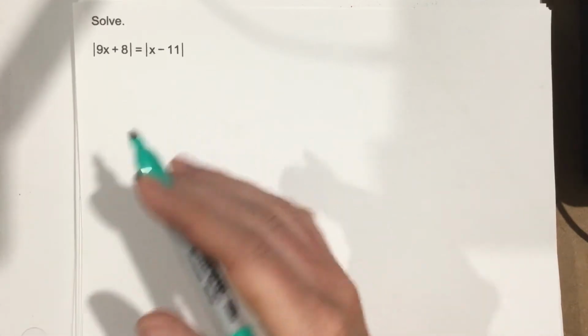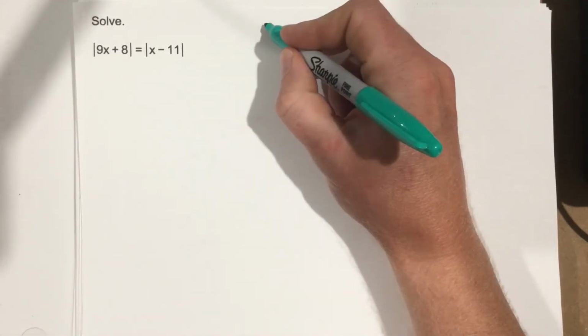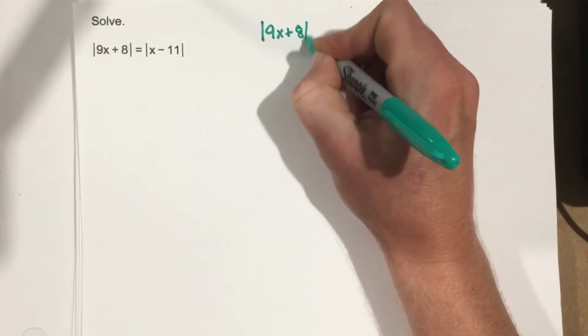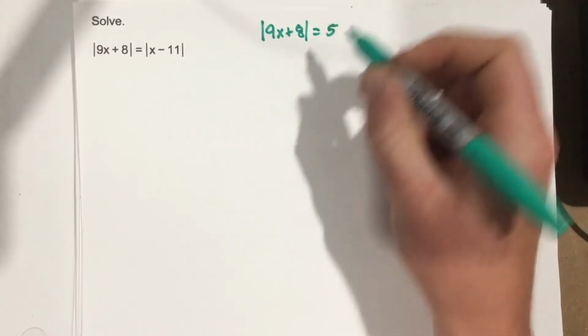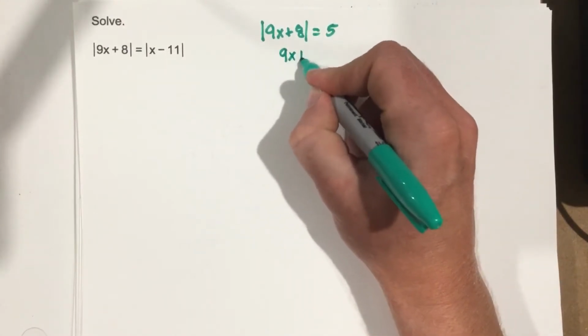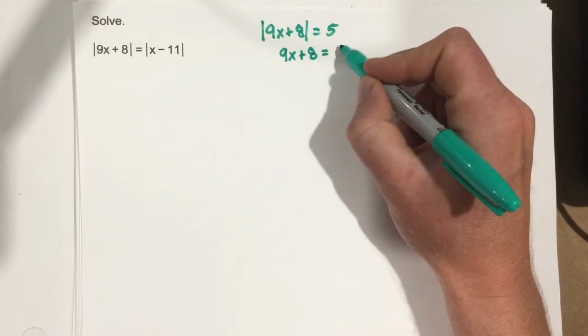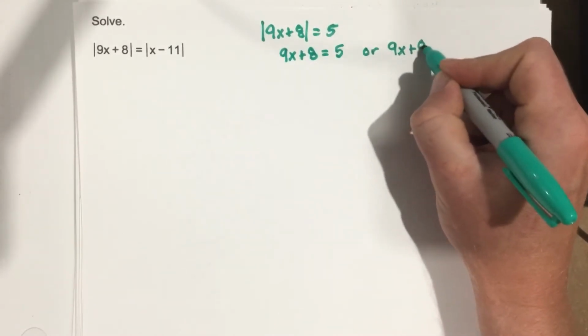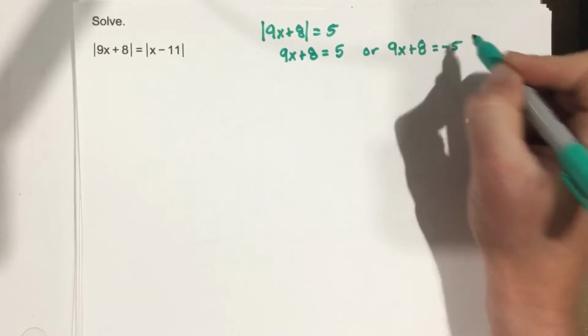But if we think about how we've solved every other problem, let's just say we had the absolute value of 9x plus 8 equals 5. How did we solve that problem? Well, we would say that 9x plus 8 would equal 5, or 9x plus 8 would equal negative 5.